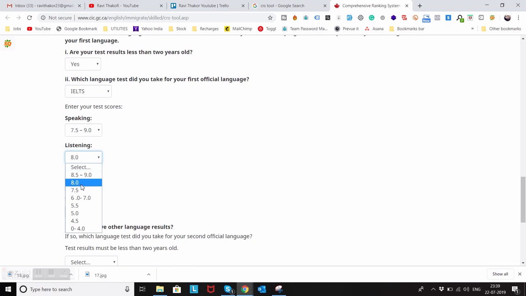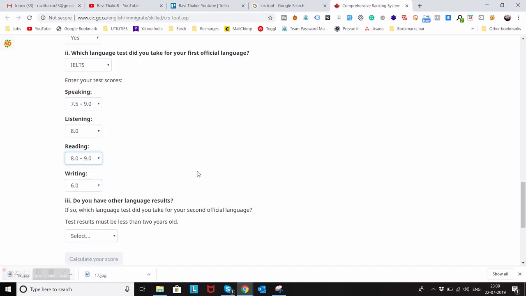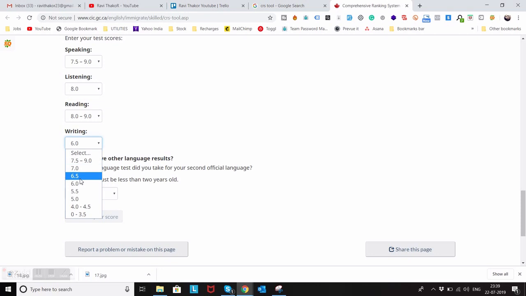The point where it matters is when your band in listening is either 8 or 8.5. And same way in reading also. So the first level is 8.0 to 9.0, the second level is 7.0 to 7.5. And in writing, my band was 6. So I missed most of my points due to writing, because 1, 2, 3, for writing my score was on the 4th level.